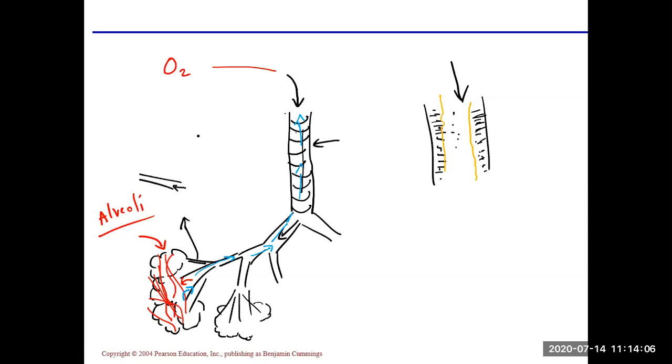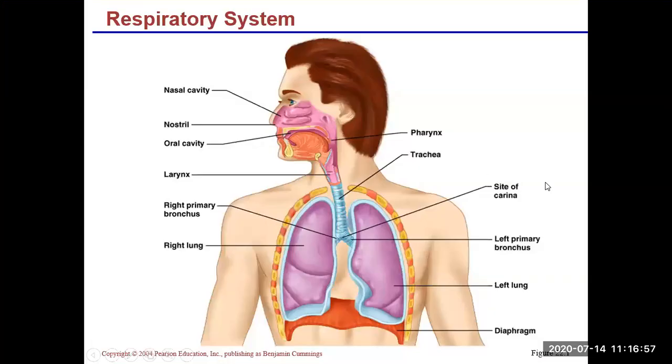Now, the air actually enters through the nose, so we're looking at the pathway of inhaled air. All right, so here's a better picture. The air will go into either the oral cavity or the nasal cavity.